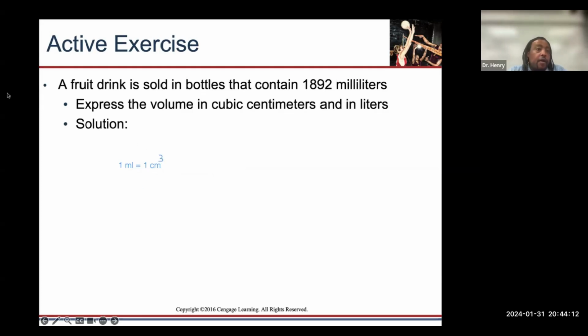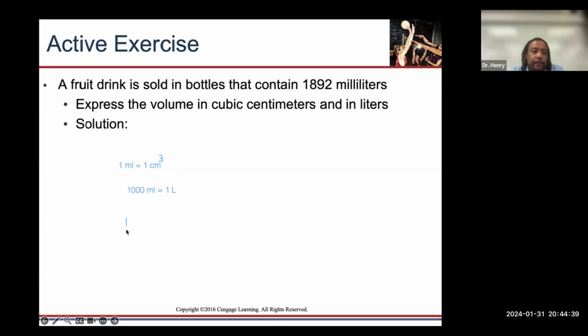In the other case, we know that 1,000 milliliters is equal to 1 liter. So that's going to be a relatively easy conversion as well.